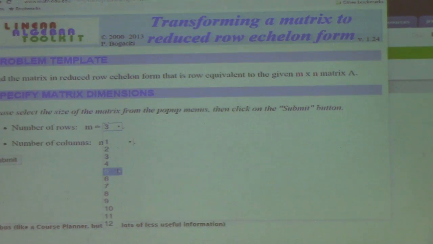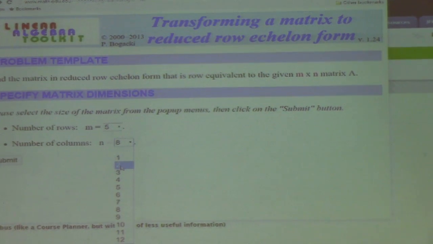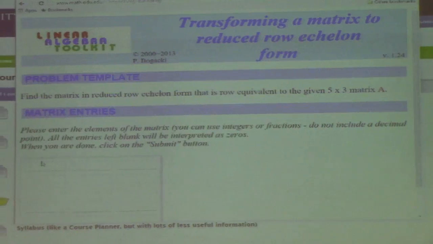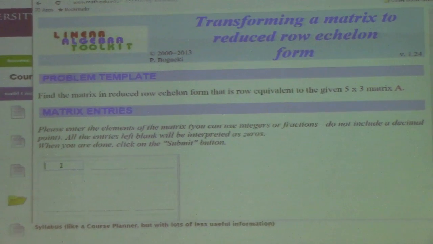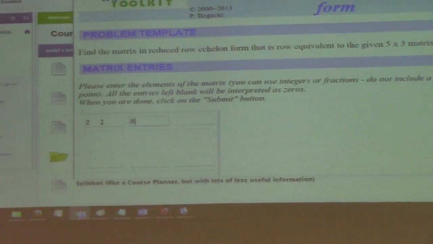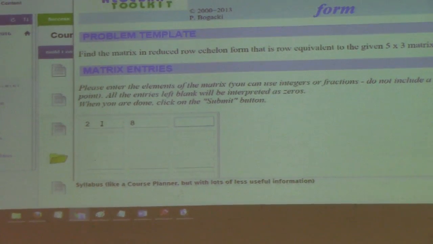Wait a minute, what am I doing? Columns. You guys give me some numbers. 8. Shout out the numbers. 1. Okay. 6. 7. 2 or 3. 7.